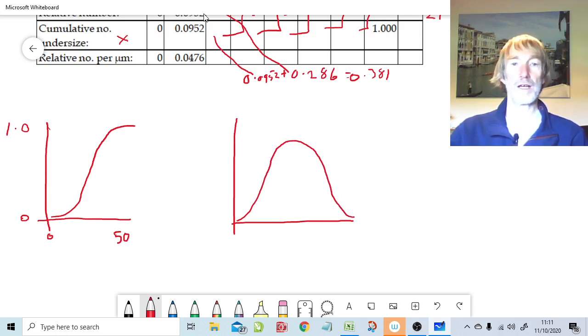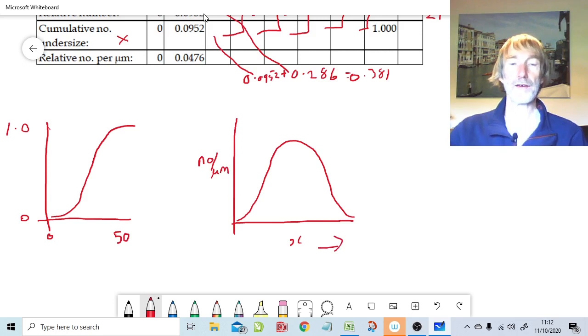We'll have a certain range where there's a highest relative number of particles, or actual number of particles even. Now what I'm talking about in terms of a function is between these two here, the relative number per micron range, against particle size.